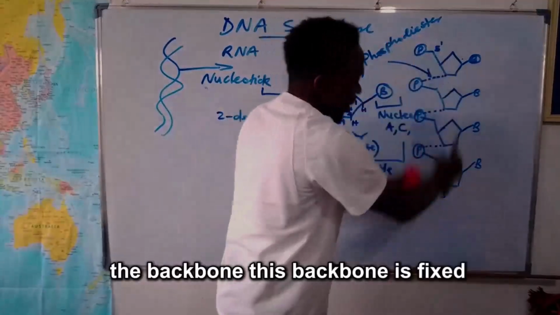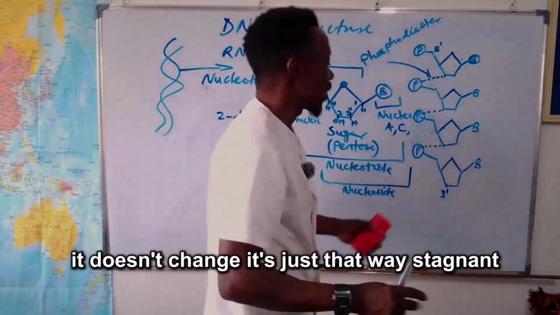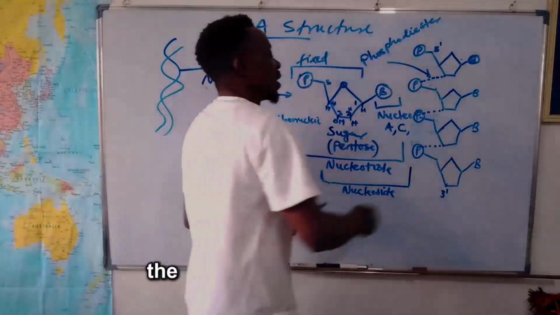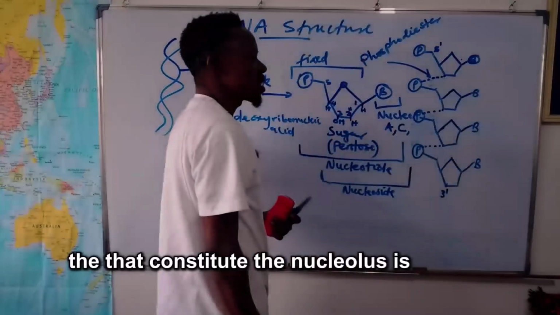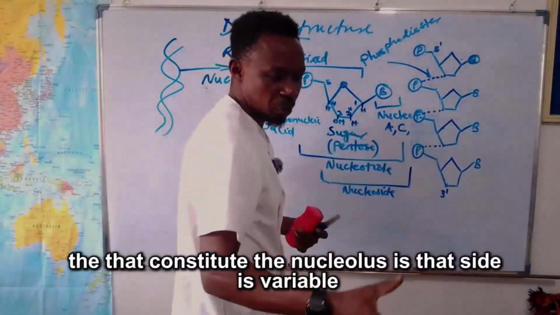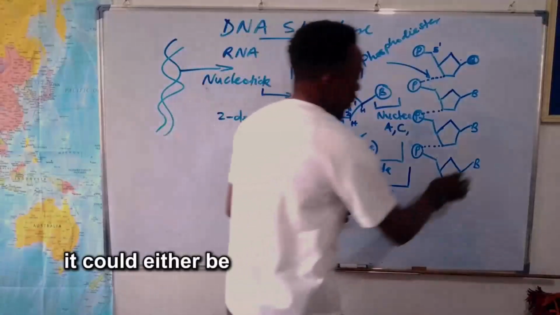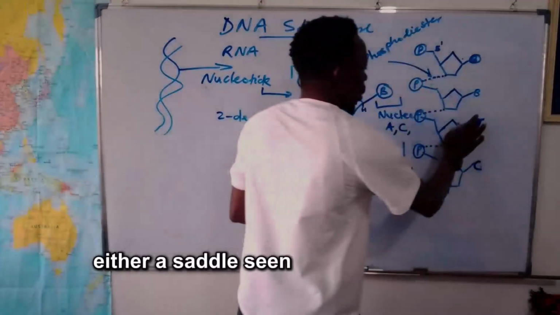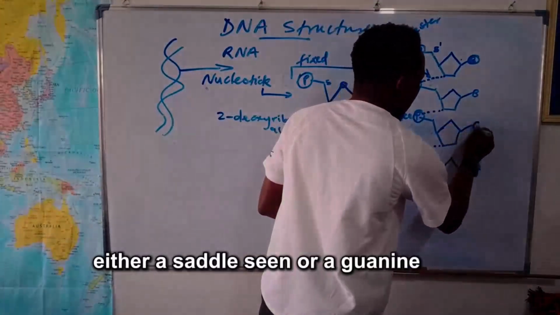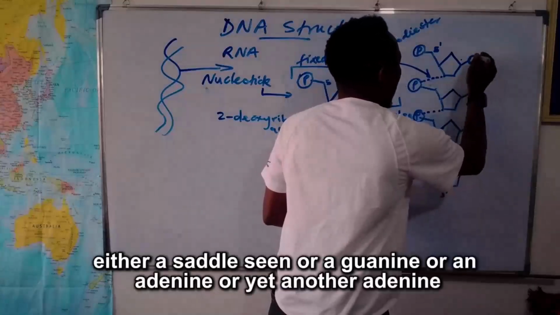This backbone is fixed. It doesn't change. It's just that way, stagnant. However, the other side here, which constitutes the nucleobases, that side is variable. It could vary to the degree of 4. It could be either a cytosine, a guanine, an adenine, or yet another adenine.